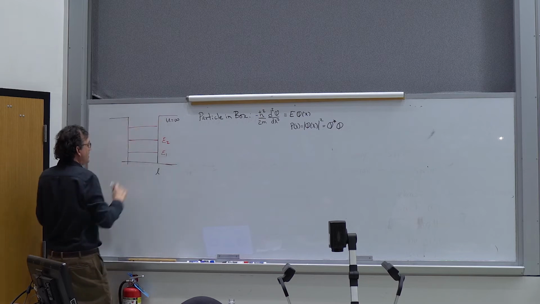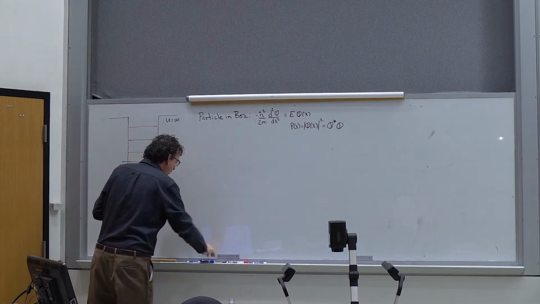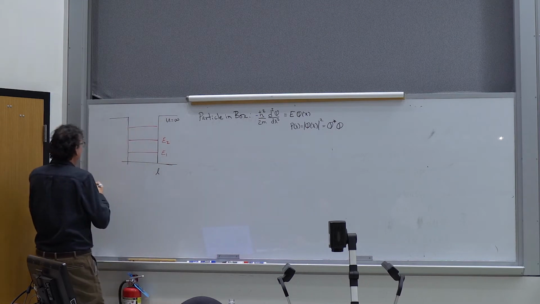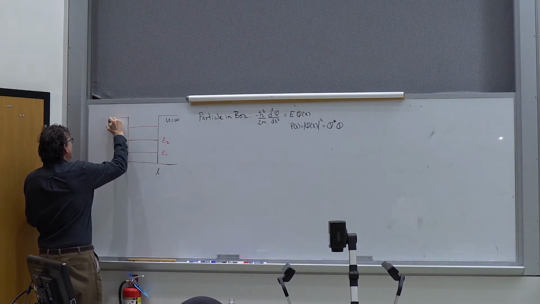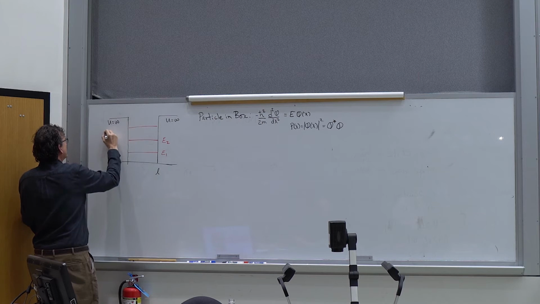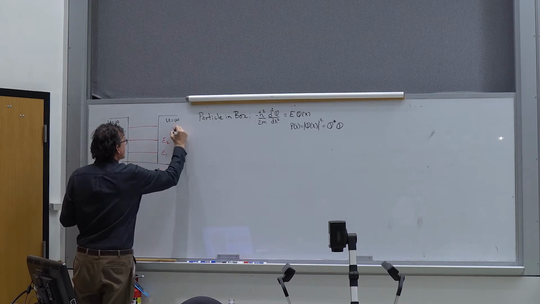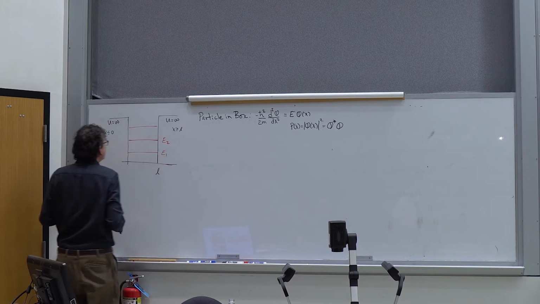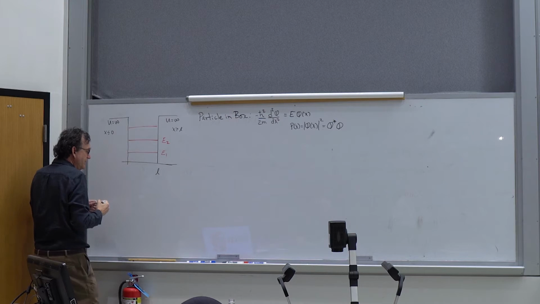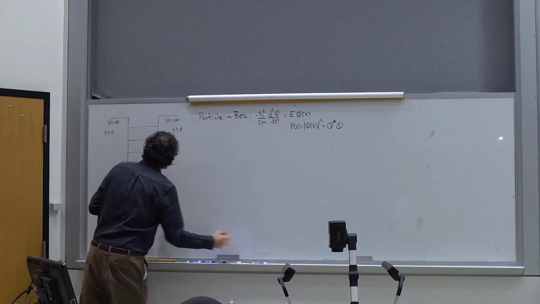And go all the way up. Now, because the walls of the box are infinitely high, which means that the potential is infinite for x less than or equal to 0, and also for x greater than or equal to L, then the wave functions must vanish at the edge of the box.